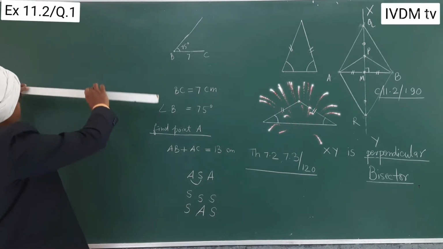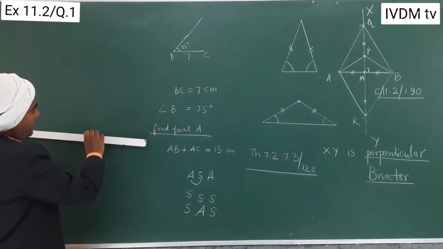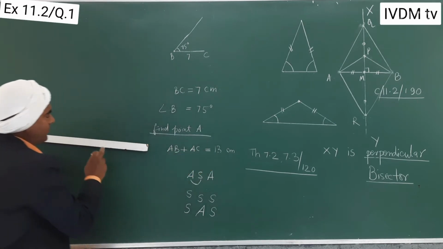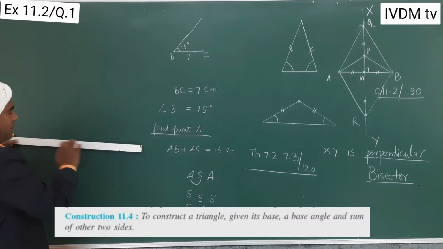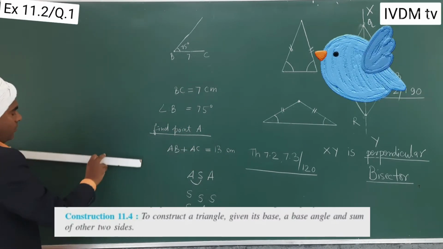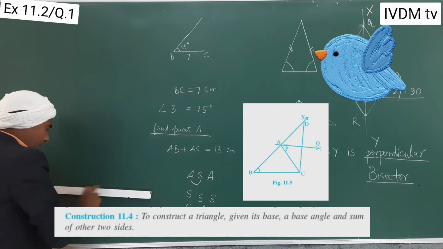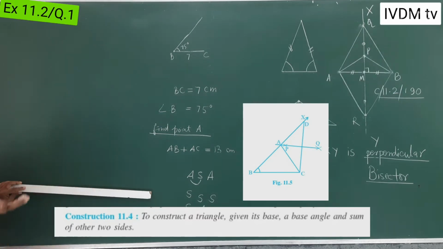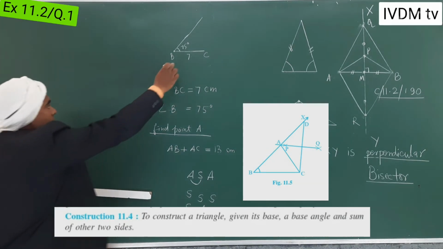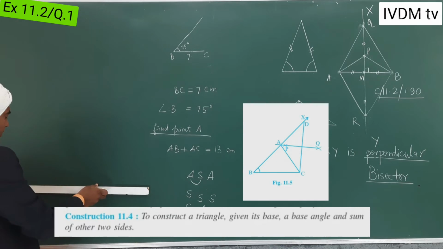So now let's construct. Sometimes this distance is very lengthy, so you should take your page such that 13 centimeter can be drawn, on the lower side, last of the page. So first BC is equal to 7 centimeter.